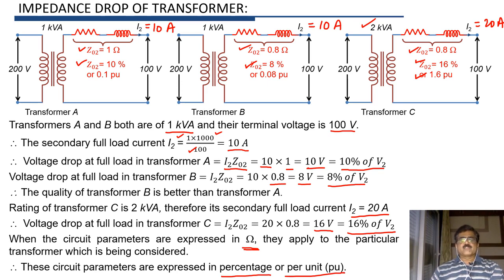In practice it is very convenient when the impedances, resistances and reactances are expressed in percentage, because the calculations become very simple, and that's why we have to learn what is percentage resistance, percentage leakage reactance and percentage impedance of transformer.